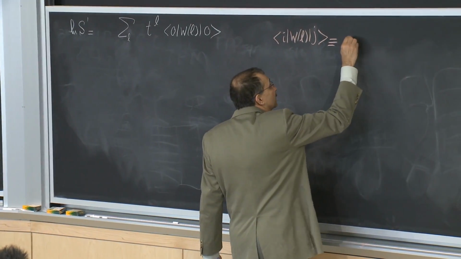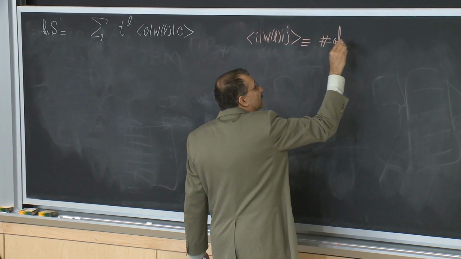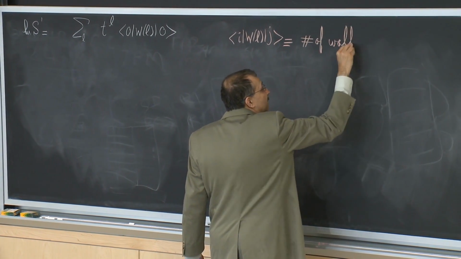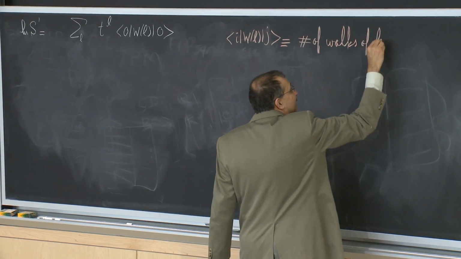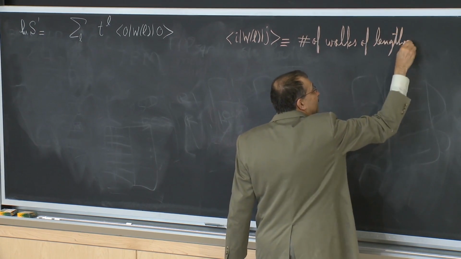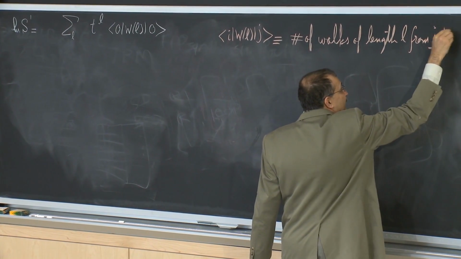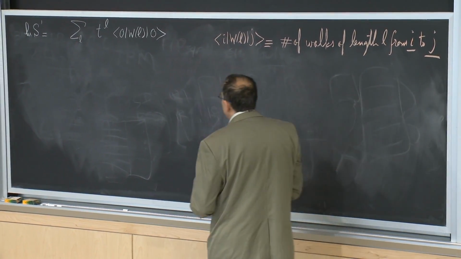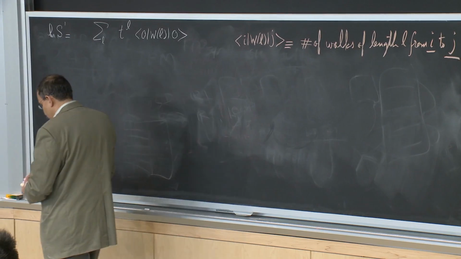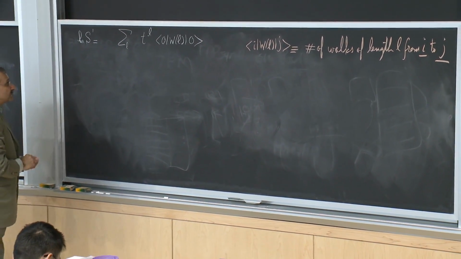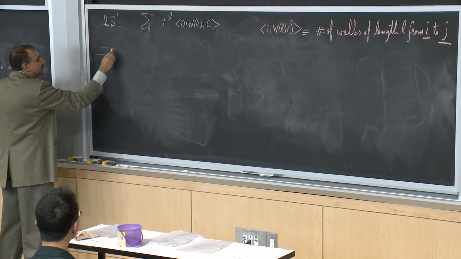So this is the number of walks of length L from i to j. Okay? So what am I doing here?